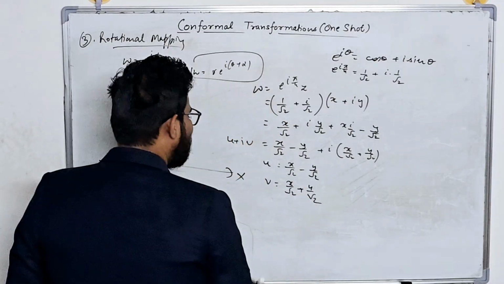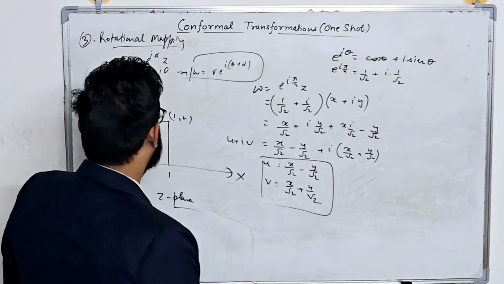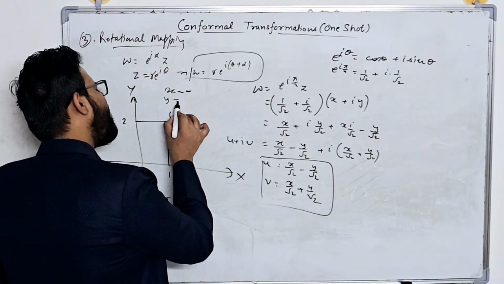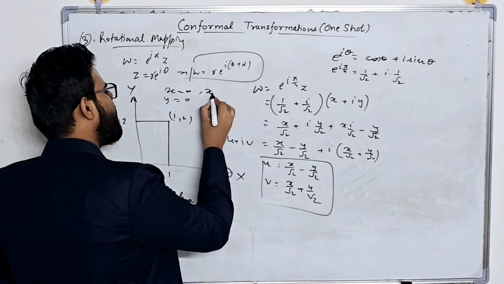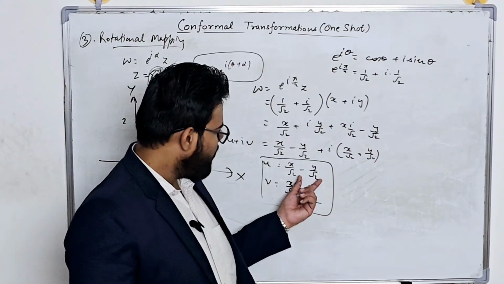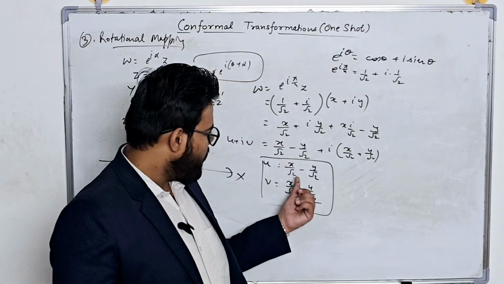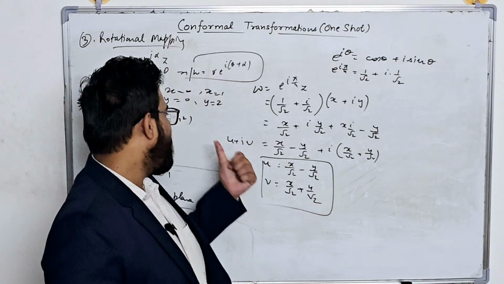Okay, so now let's see this. So we have this expression. Now we have x is equal to 0, y is equal to 0, and x is equal to 1 and y is equal to 2, right? Now there is a problem. We have two variables over here in one equation, in both the equations, and we have just points over here.